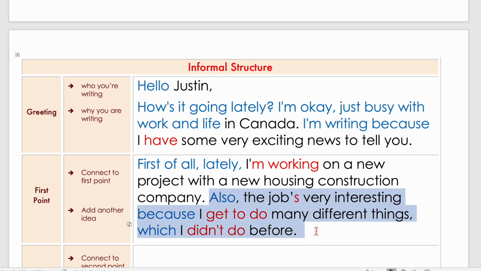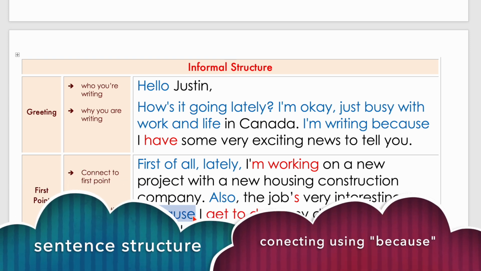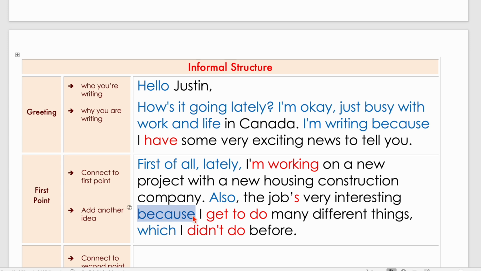That's my second idea. Now, everyone, very good sentence structure. The job's very interesting. Why? Because. So, yes, the job's very interesting because I get to do many different things. Okay, very good ideas, everyone.